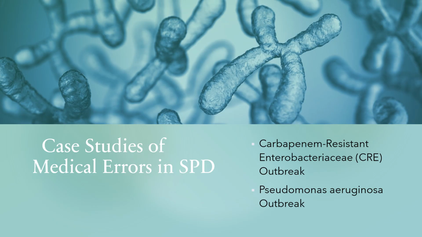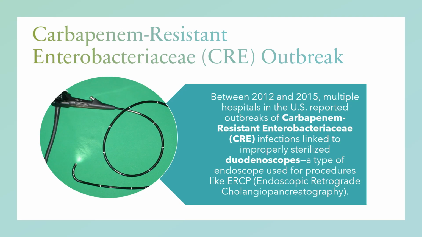All right, so now we're going to take a little bit of time and review a few case studies of medical errors within the sterile processing department. We are going to discuss a CRE outbreak and a Pseudomonas aeruginosa outbreak. Okay, so the first one we're going to discuss is because of an improperly sterilized duodenoscope.